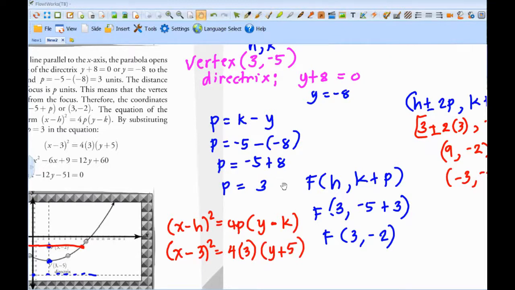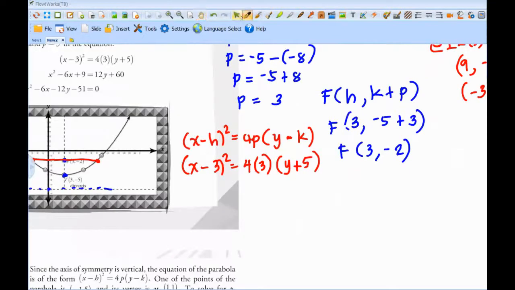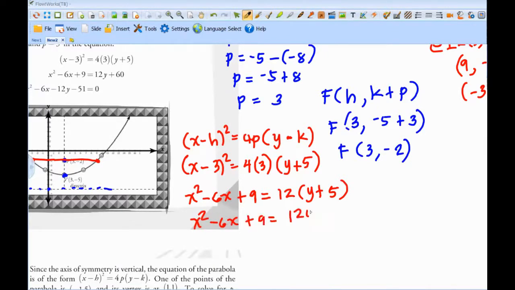Then we will expand. So x squared minus 6x plus 9 equals 12 times y plus 5. So we have x squared minus 6x plus 9 equals 12y plus 60.